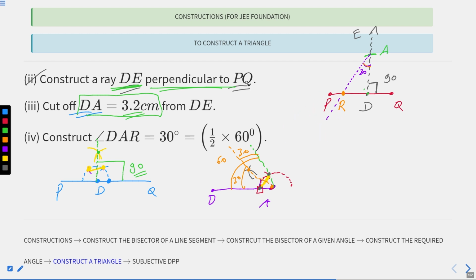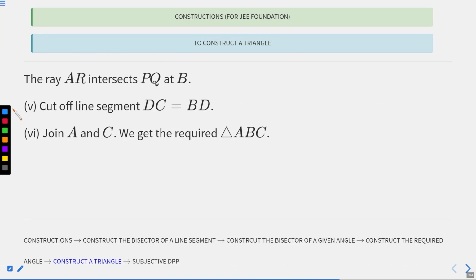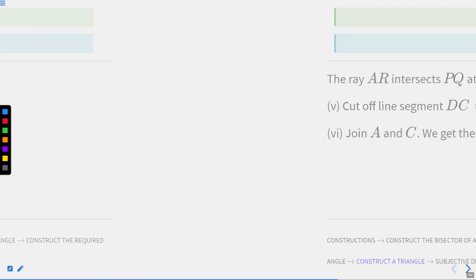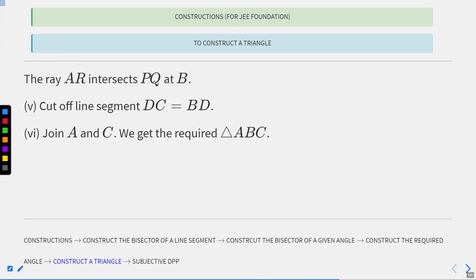Okay, now let's move on. So the ray AR intersects PQ at B. Okay, let me redraw it. So P, Q, and the point D was here, E was here, A was here, R, this is of angle 30 degree.